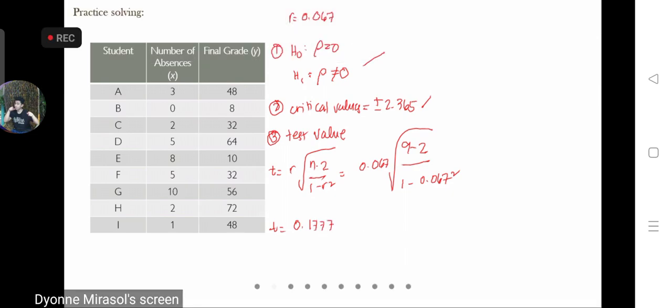So we already have our test value and our critical value, and we can then make our decision.